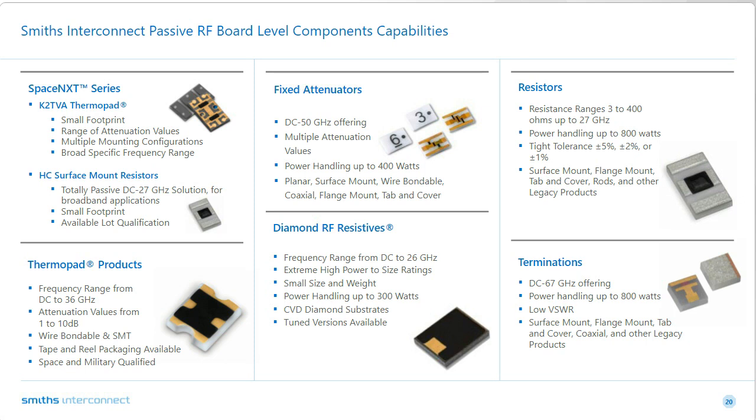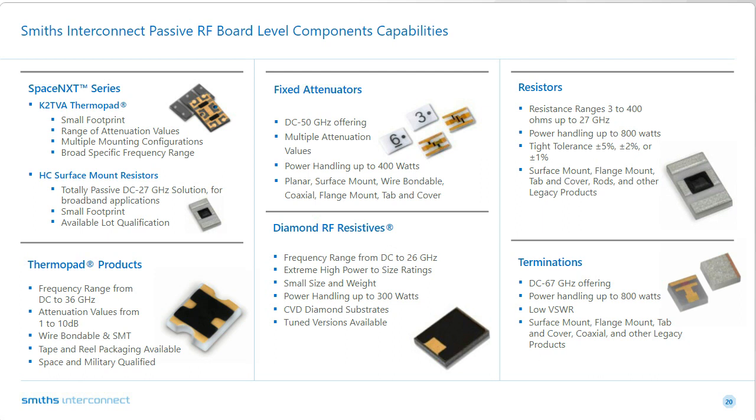These range from terminations to resistors to attenuators. Customers choose these because of the size and power and frequency band they can support. The power ratings on these parts, from say an 02, 04 chip, can range up to 20 watts.